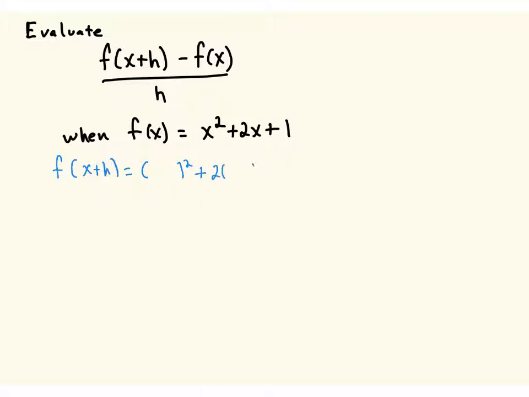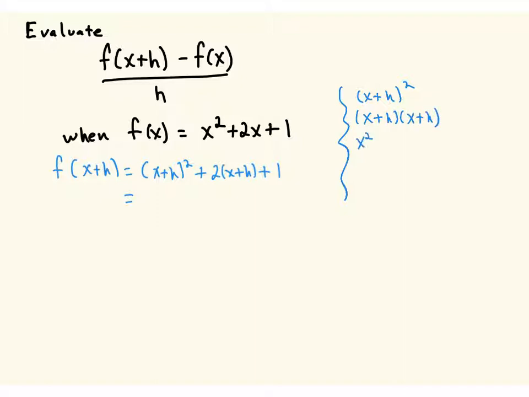So we're going to have x plus h squared plus 2 times x plus h plus 1. Now you should understand that this piece is a FOIL. So if we do that work, you may know it in your head, but it's not just x squared and h squared, it's going to be x plus h times x plus h.